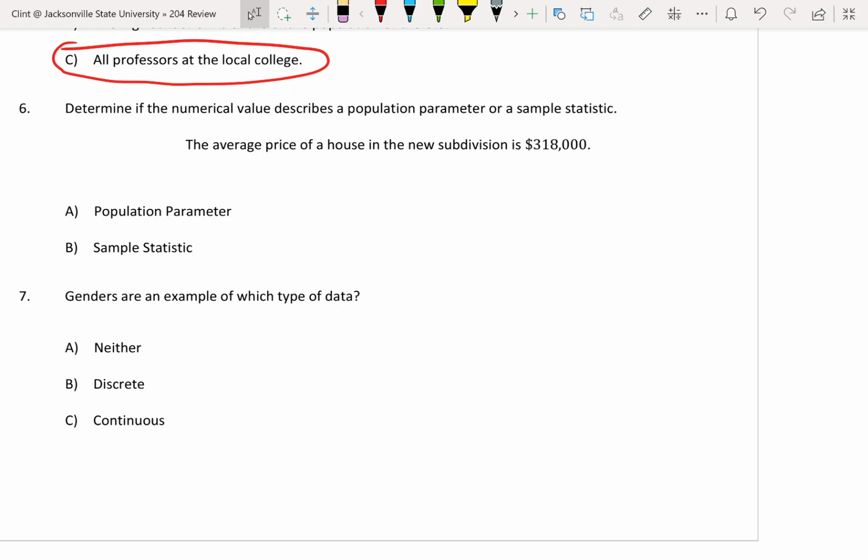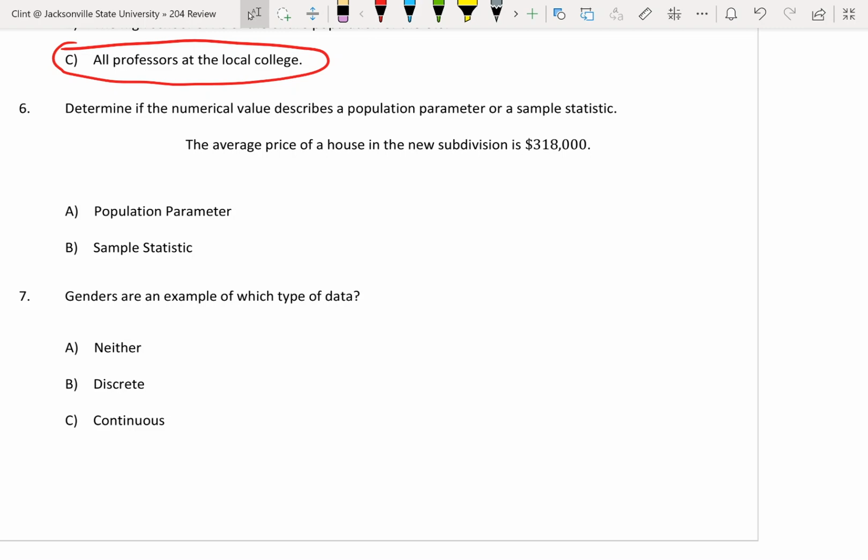It doesn't say anything about taking a sample. So is this number telling us about the whole population or about a sample? We don't have a sample anywhere in there. Yeah, this was a little confusing because it doesn't mention anything about a sample. So this one is telling us about the whole population.